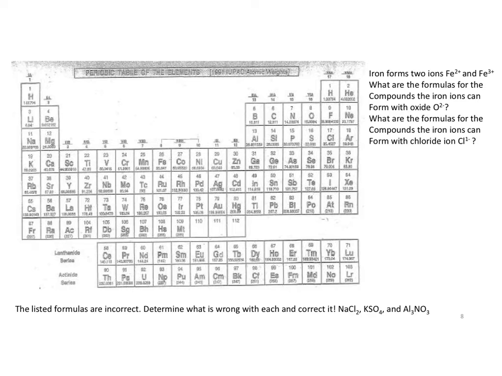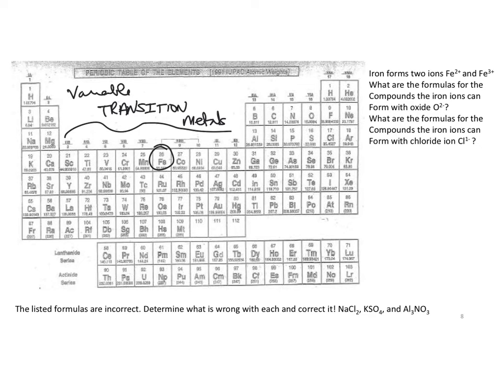And so they're talking about here that we have iron. Iron is in the transition metals. Transition metals form variable charges. So we have to look to the anion. So here we can have iron 2 plus, and we can have iron 3 plus.